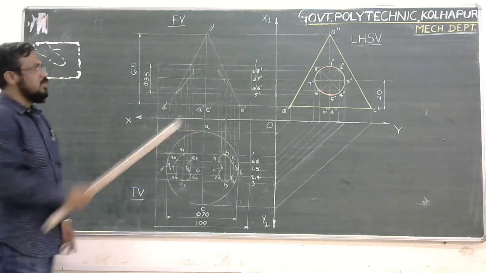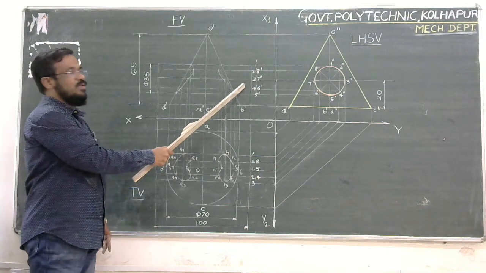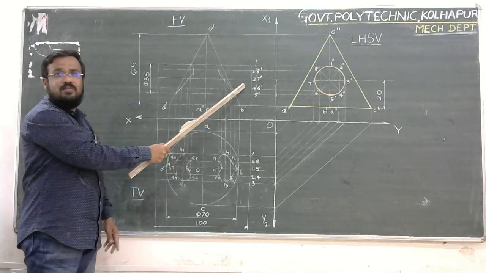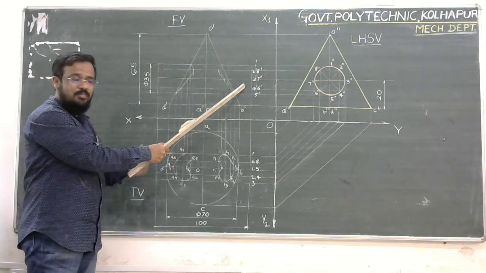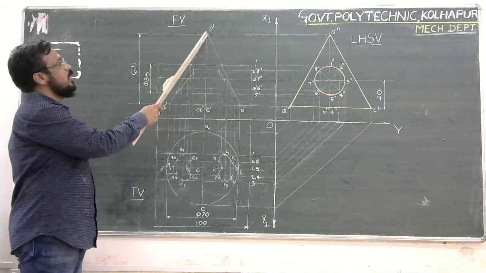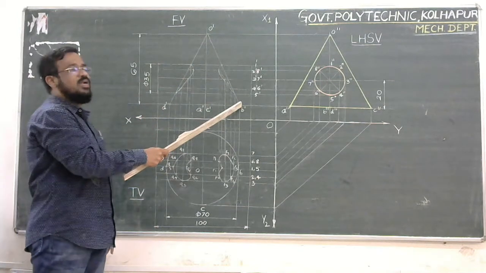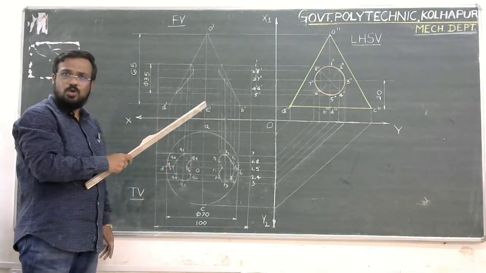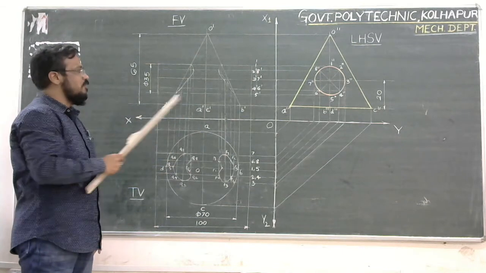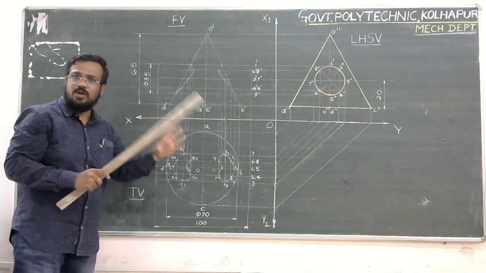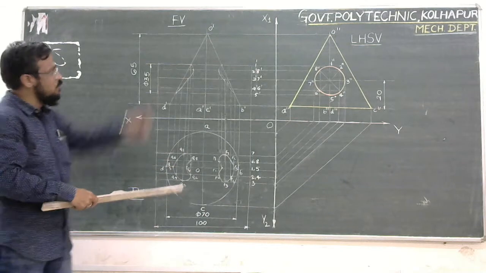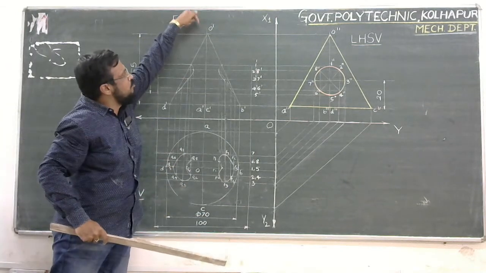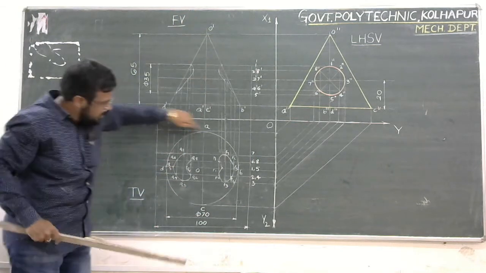So likewise, in the front view, the cylinder will be visible in the form of a rectangle because its axis is perpendicular to HP. Then the cone, obviously, when it is standing vertically, means its axis is perpendicular to HP, is in the form of a triangle. So this is the completed front view. In the top view, the cone will be visible. When I observe this cone from the top, it will be seen in the form of a circle.